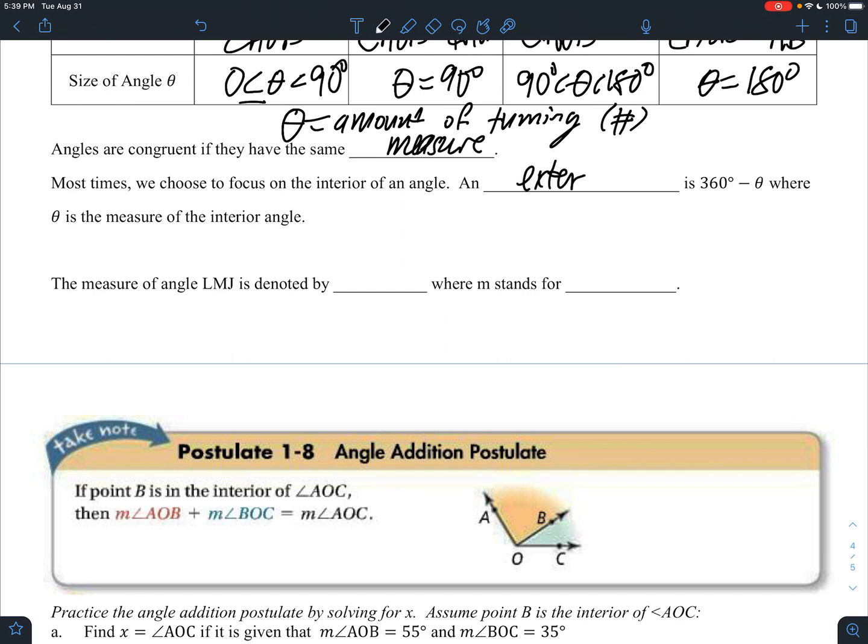You can also look at the exterior of an angle. We don't ever really talk about this, but this is the interior angle. Interior space, maybe is a better word. And this is the exterior space. And there's an angle that goes through both of them, right? But they have the same geometric object.